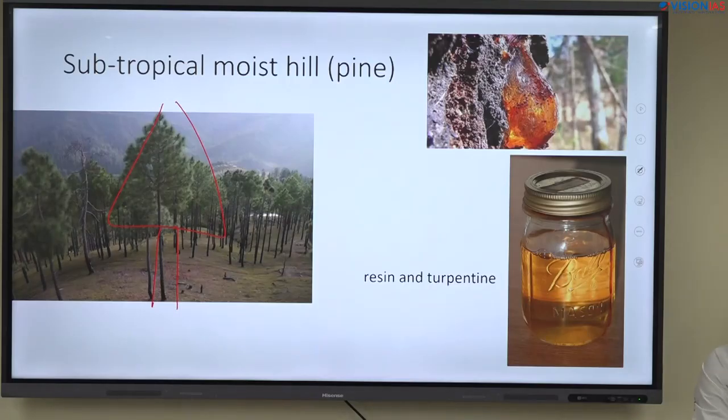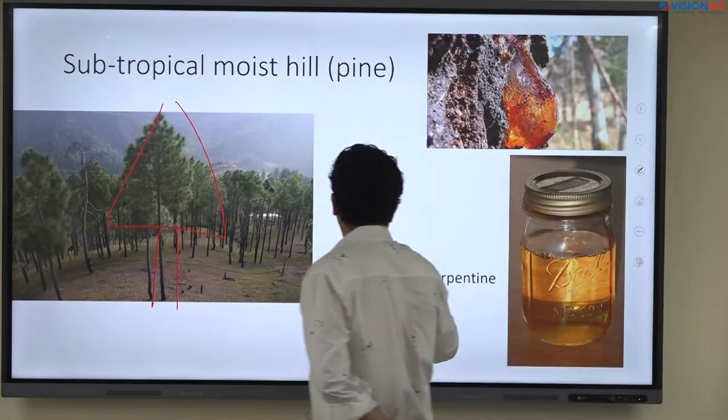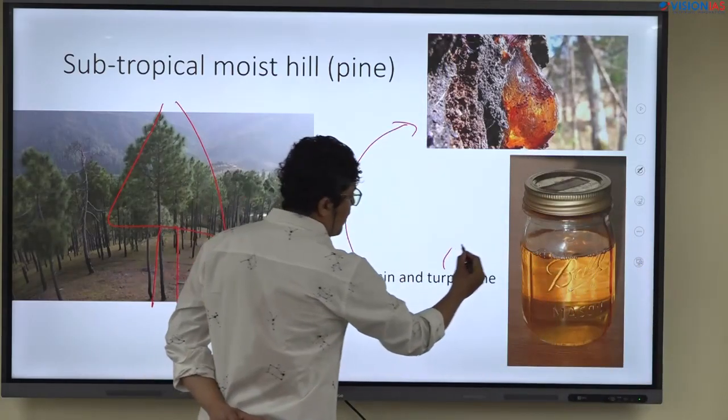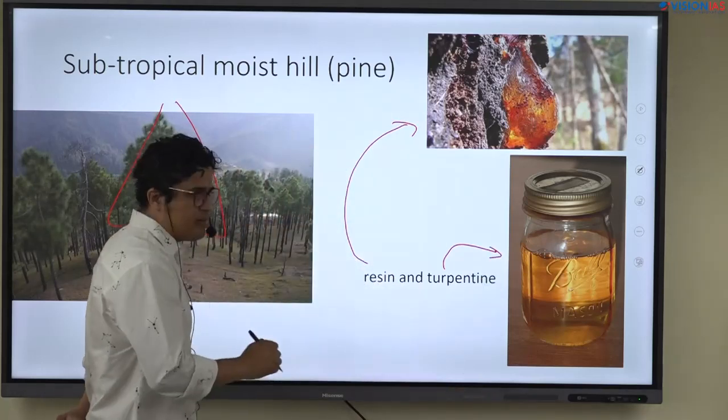It provides valuable timber for furniture, boxes and buildings, especially in hilly region. The wood is used for many purposes. And then another usage is written. It is also used for producing resin and turpentine. Resin.